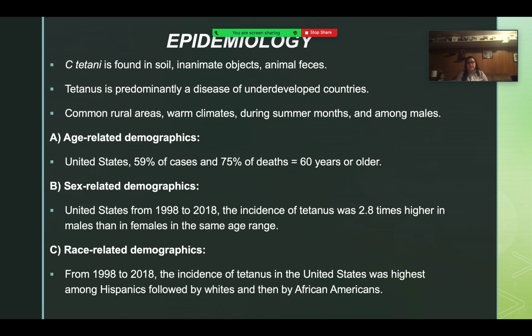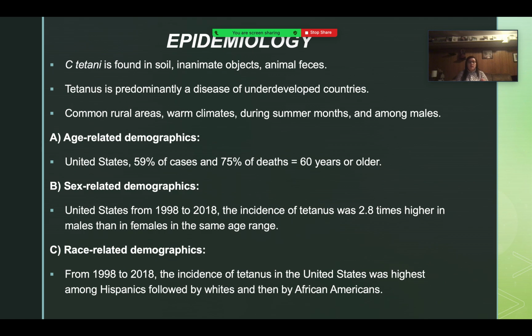Epidemiology. The Clostridium tetani is going to be found in soil, inanimate objects, animal feces, and sometimes in human feces. Tetanus is predominantly a disease of underdeveloped countries.